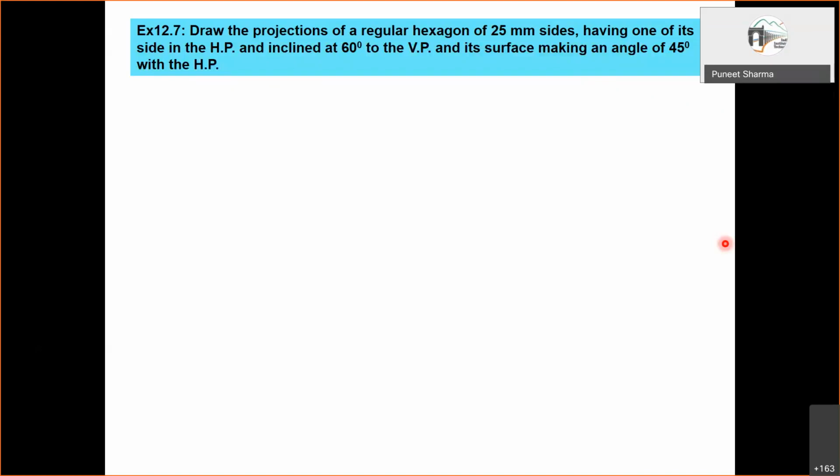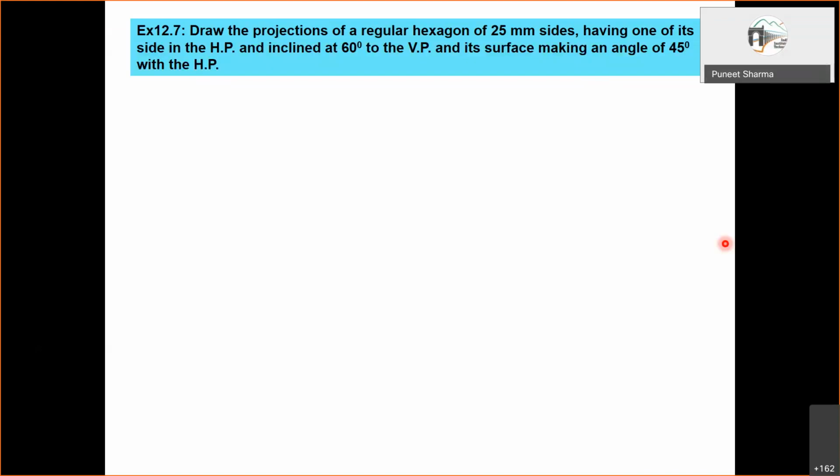Yeah. So we have to obtain again the projections of a regular hexagon of 25 mm sides, having one of its sides in the horizontal plane and inclined at 60 degrees to the vertical plane. Its surface is making an angle of 45 degrees with the horizontal plane.